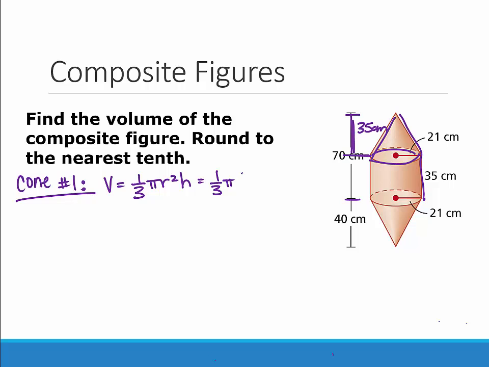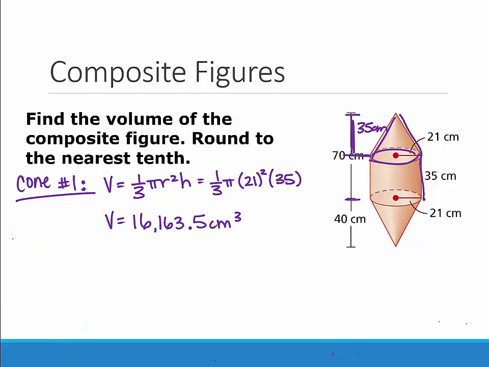We know the radius is 21, and we have to square that, and then multiply by the height that we just found, which was 35. Because it says to round to the nearest tenth, I'm just going to multiply the pi in there with it. So 21 squared times 35 divided by 3, and then multiply by pi. So the volume of cone number 1 is about 16,163.5 centimeters cubed.